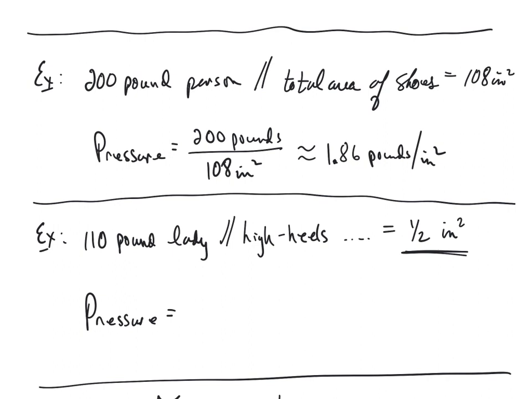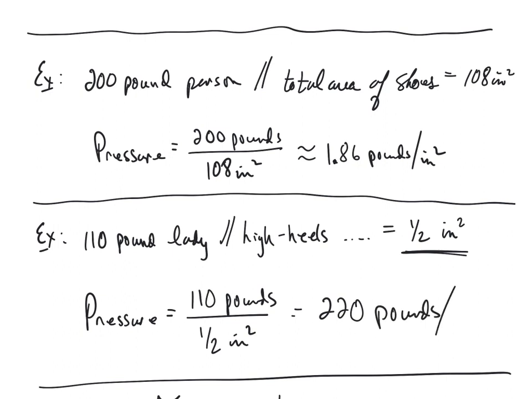Then the pressure is going to be the force, representing the weight of the lady, 110 pounds, divided by the area of her shoes, 1/2 square inches. And in this case, then the pressure on the floor becomes 220 pounds per square inch. All right, so just two examples of nice, simple, easy pressure problems.